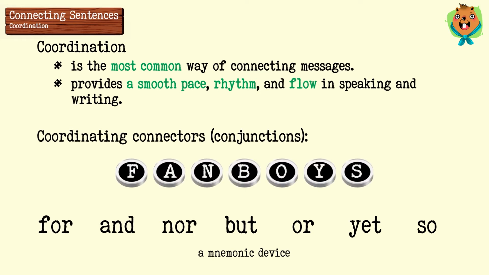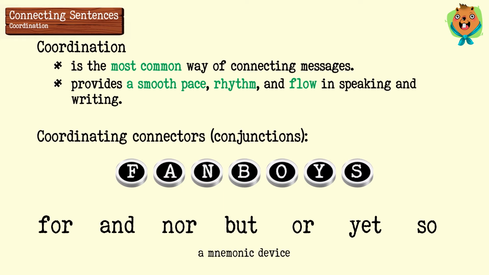F for, A for and, N for nor, B for but, O for or, Y for yet, and S for so. We can use this phrase anytime we need one of the coordinating conjunctions.